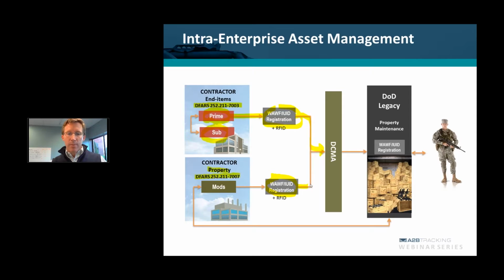Of course, when property is shifting from one contractor to another contractor or from a contractor back to government, those are transactions that would require reporting and even marking according to these IUID obligations.